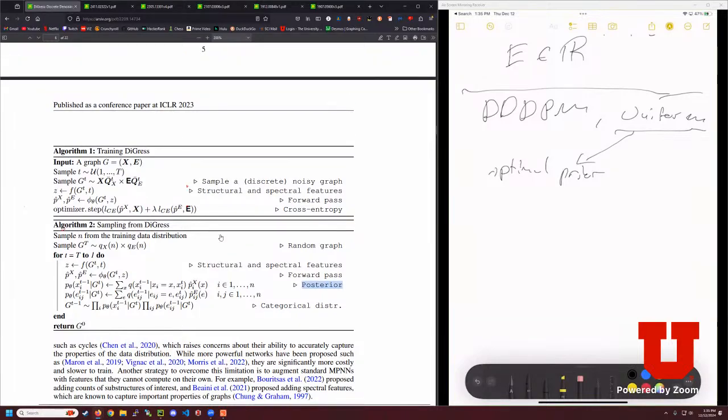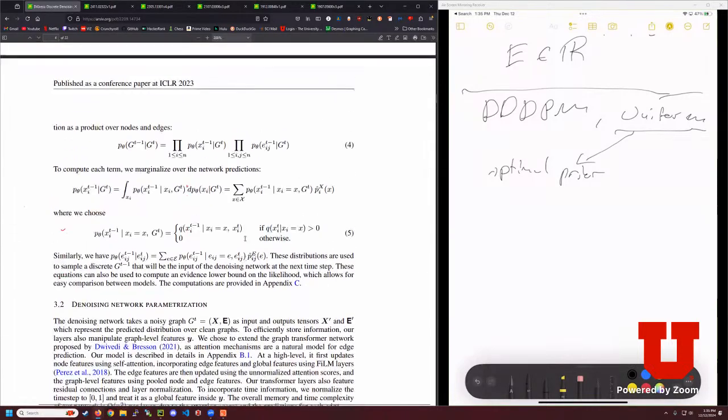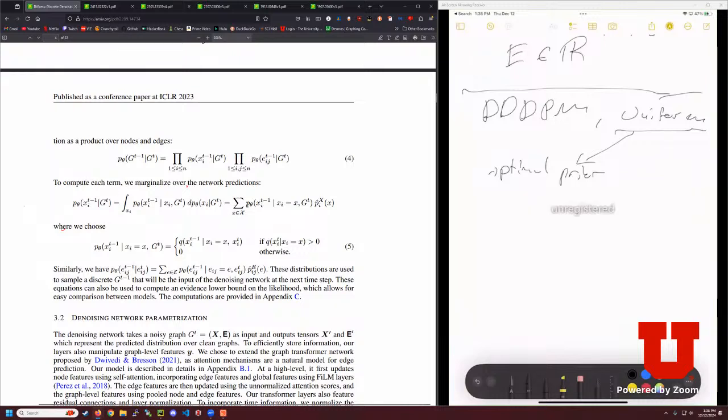I believe this is what they're saying. Their P hat X comes from the noisy graph, right? You kind of corrupt this.